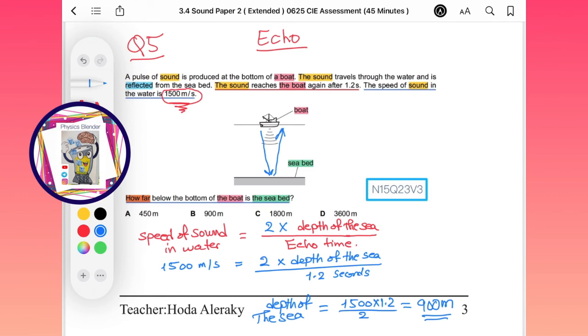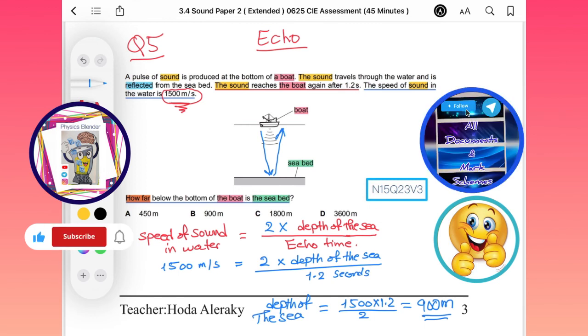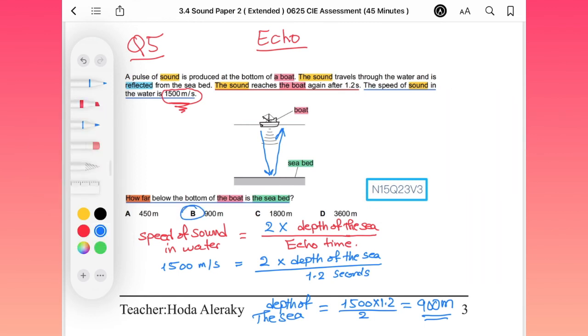Don't just write down what is produced in your calculator, because sometimes you may enter wrong values and you can get unrealistic values. So if you got, for example, a depth of the sea of 9 meters, this is not realistic. Okay, so please check that you have realistic values. So 900 meters, which is answer B.